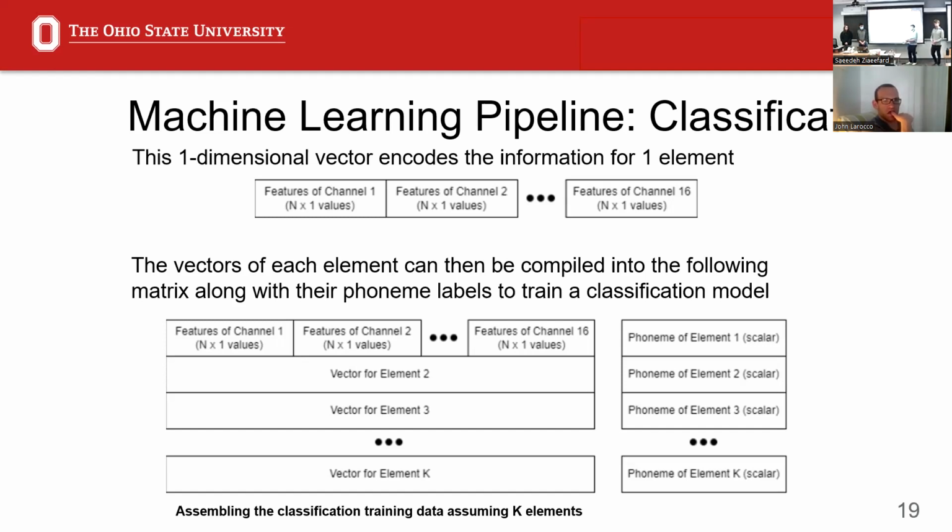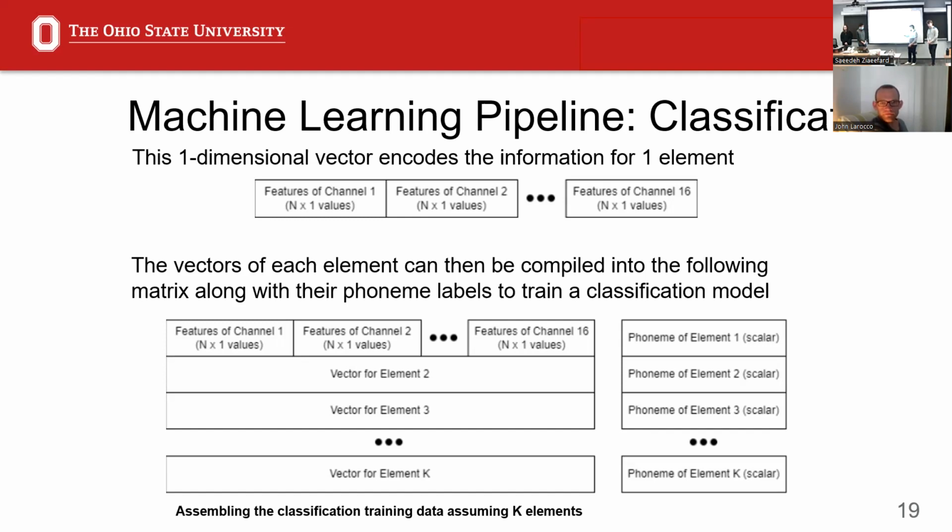So in the previous matrix, where we had 16 channels and n number of windows, we take each channel and concatenate it onto a 1-dimensional vector. You take the dimensionality of the previous matrix, which was 16 by n, and now you have a one-dimensional vector. This is the final form of the data for one singular element.